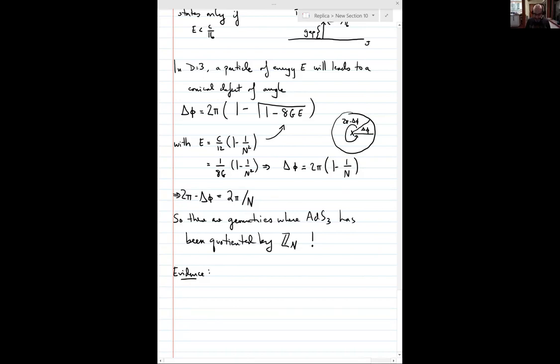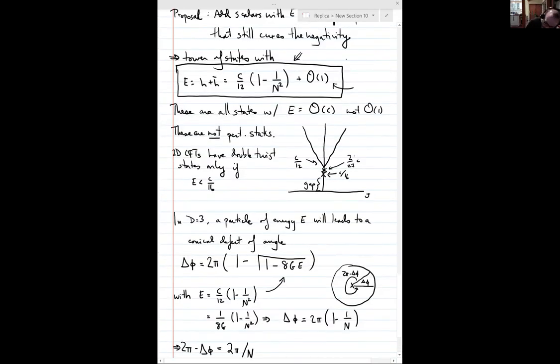So I can do a 1-loop calculation in general relativity where I compute the 1-loop general relativity contribution to the energy, and I can try and match it with the order 1 piece that I computed here. And it turns out that they don't quite match.